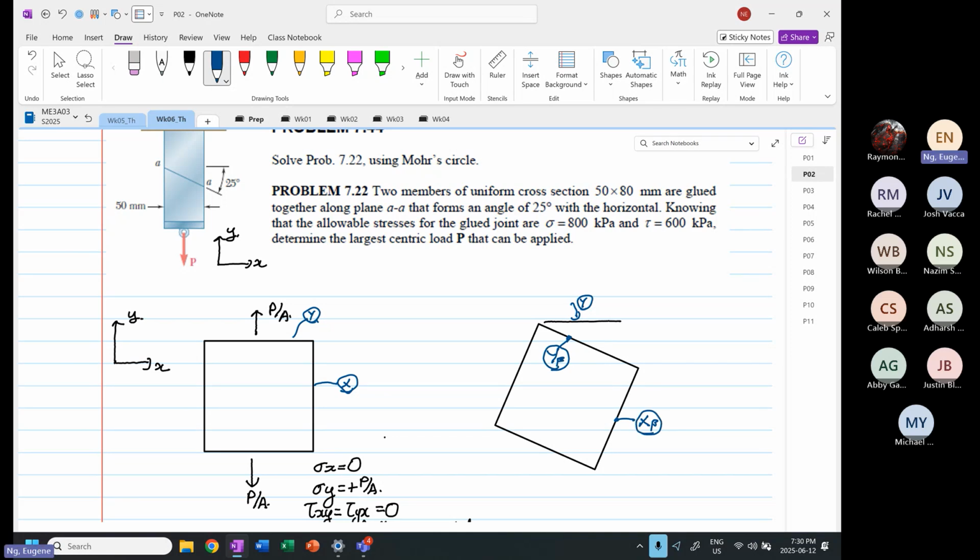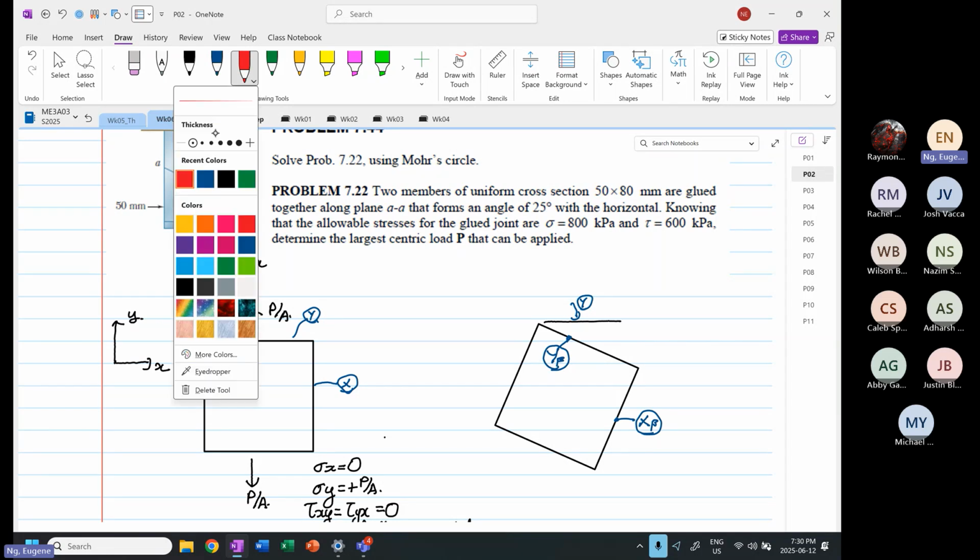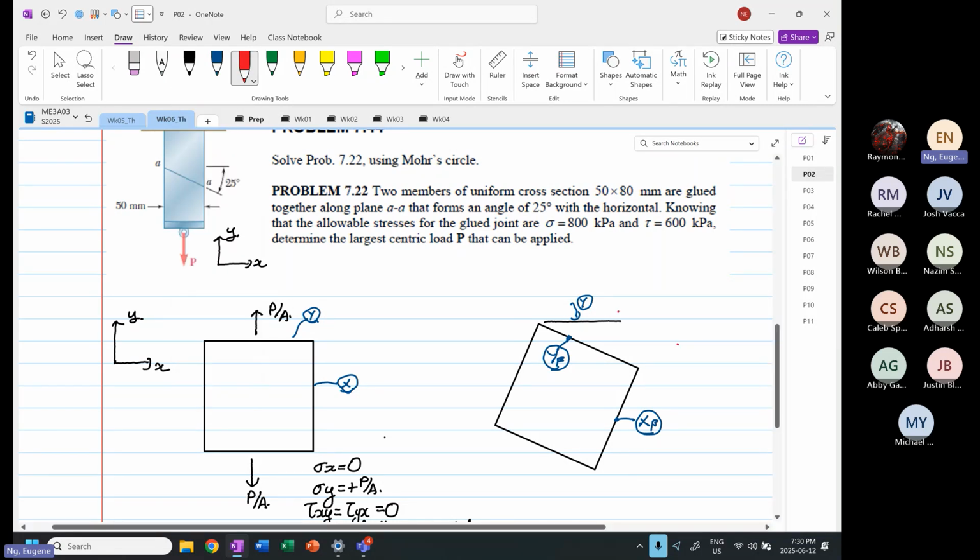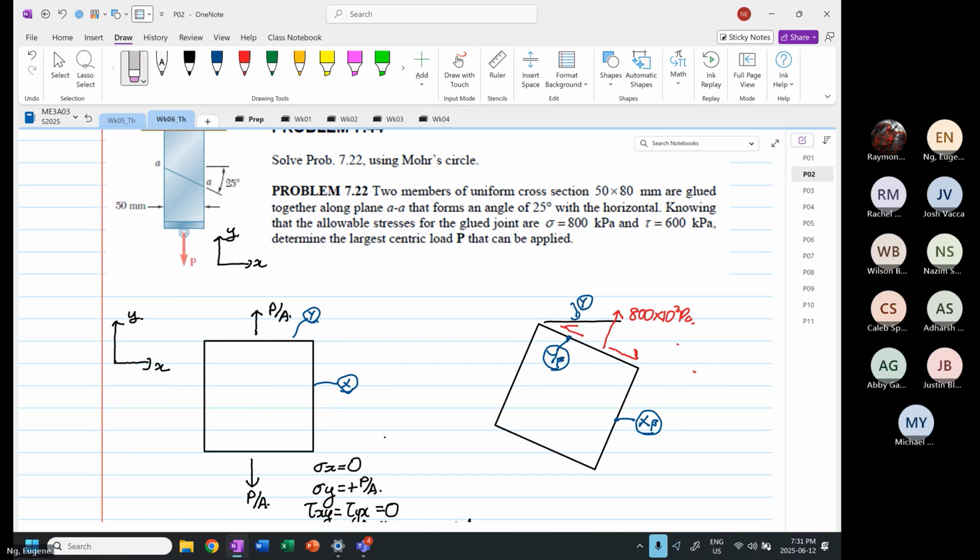We know that the Y beta normal stress, as I said, very similar, is 800 times 10 to the power 3 Pascal. The shear we don't know which direction yet. So the shear x beta y beta.